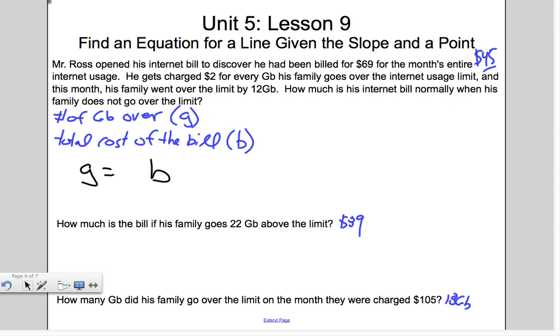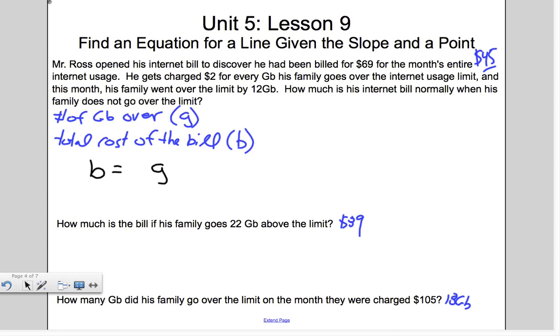So B is equal to something with G. What is it about G, the number of gigabytes, that's going to affect our bill?